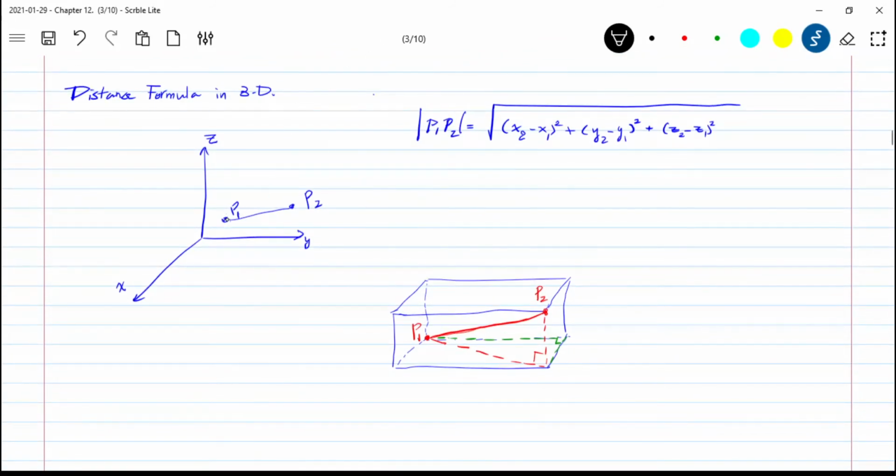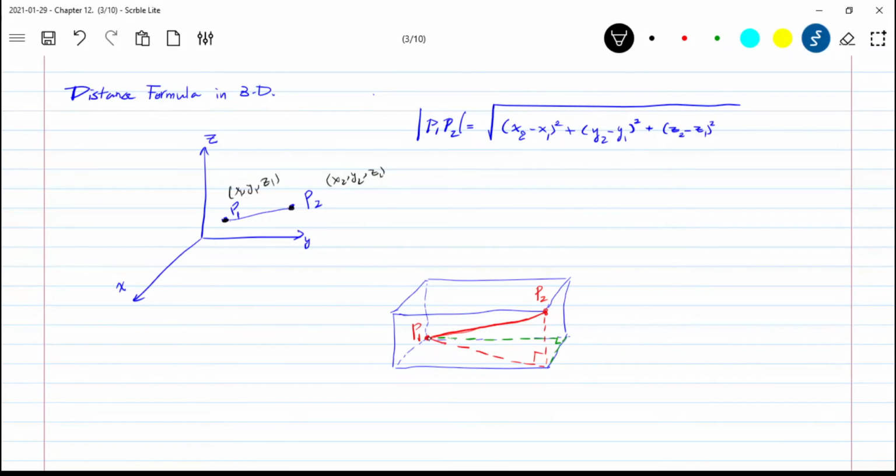It's hard to see that. For example, if you have 2 points P1 and P2 with the coordinates x1, y1 and z1, and x2, y2 and z2, they are not aligned in the same plane.